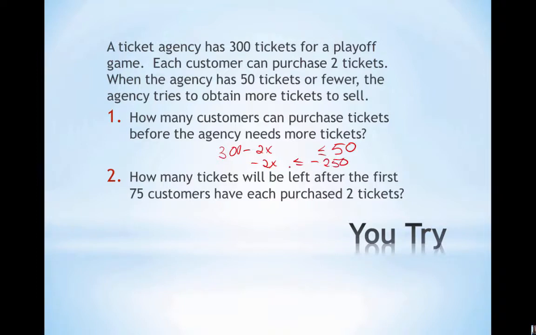I divide both sides by negative 2, so what happens to my inequality? It flips, so it should be 125, right? So now, the second part says, how many tickets will be left after the first 75 customers? So I'm going to say 300 minus 2 times 75. And that should be 150 for this part.